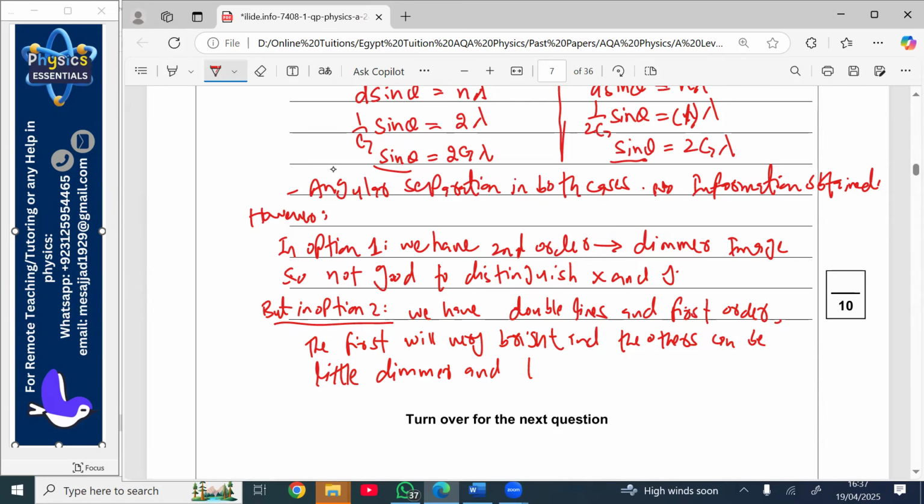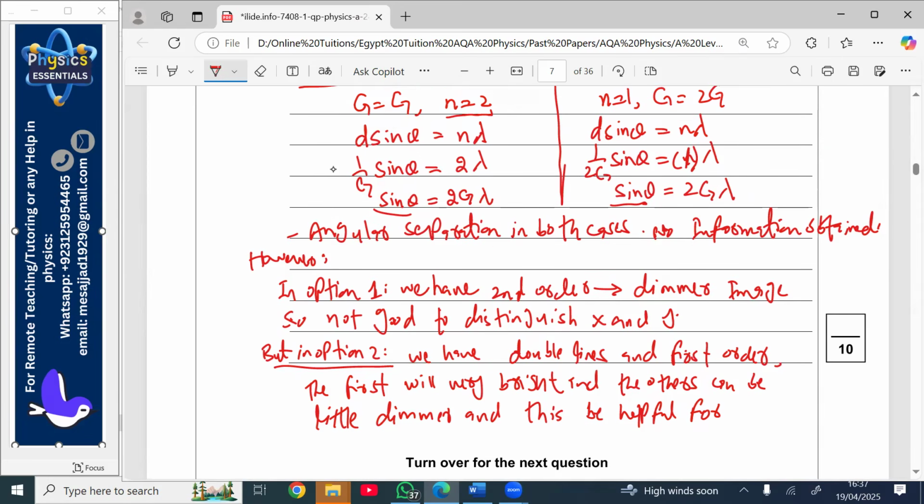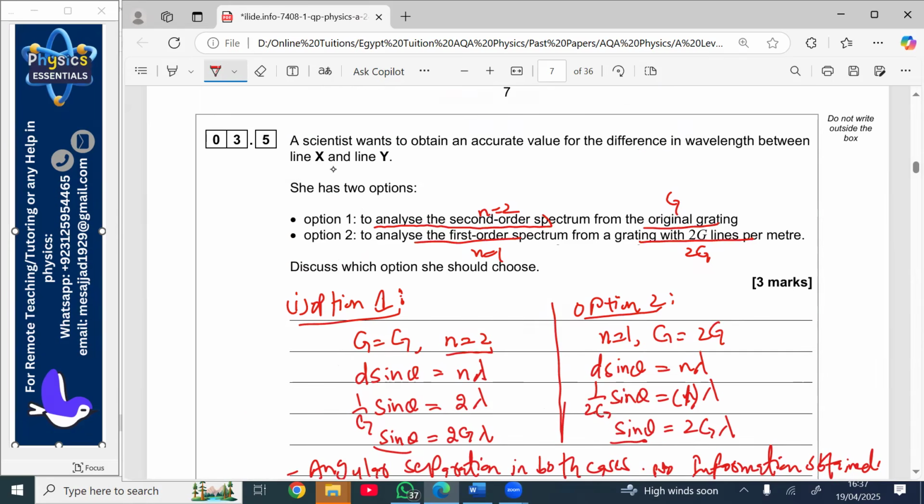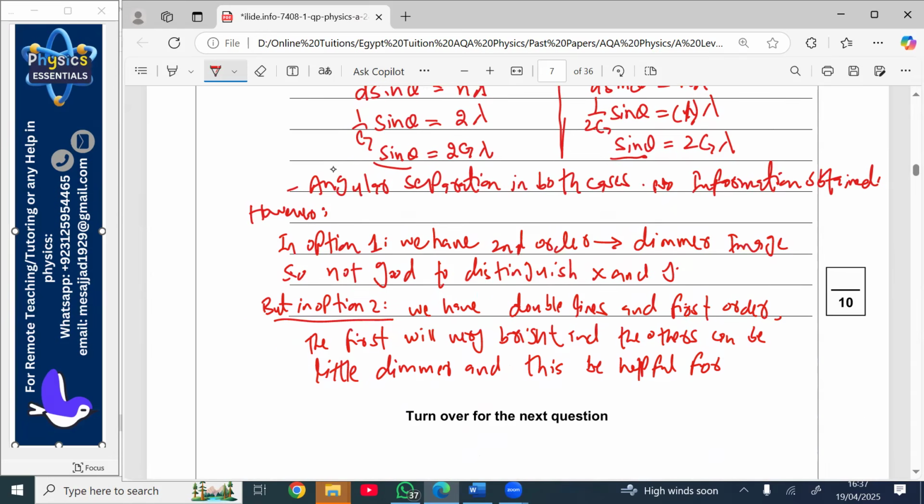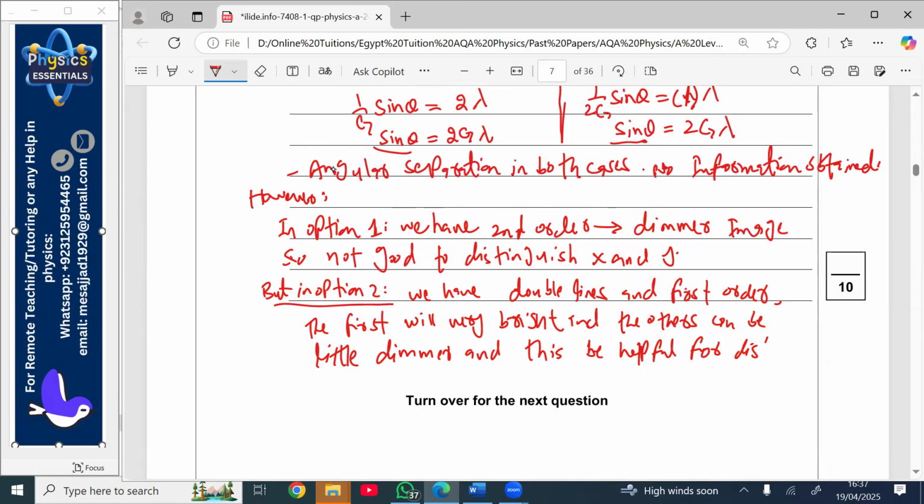And this can be helpful to identify x and y, as mentioned in the question. Okay. So it is for distinguishing x and y.